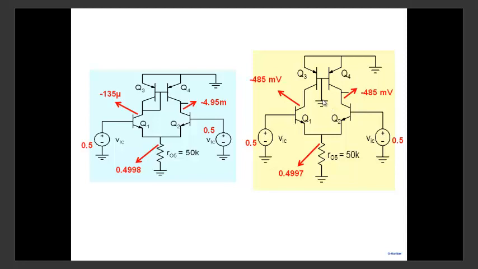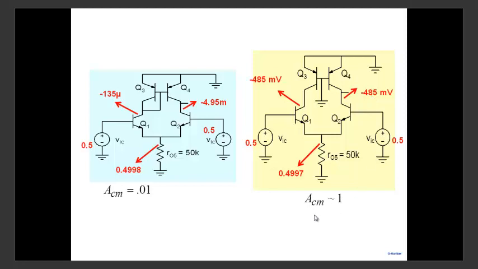I'm putting exactly the same condition, 0.5 here, and at this node I'm getting a gain, we just said minus 4.95, so we got a gain of 0.01. And here, this is a symmetrical circuit, and we get a gain of 1.